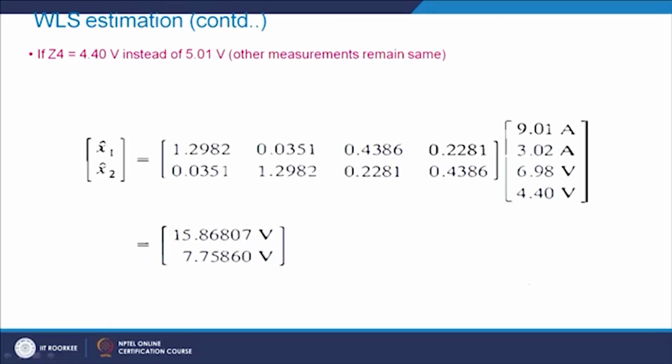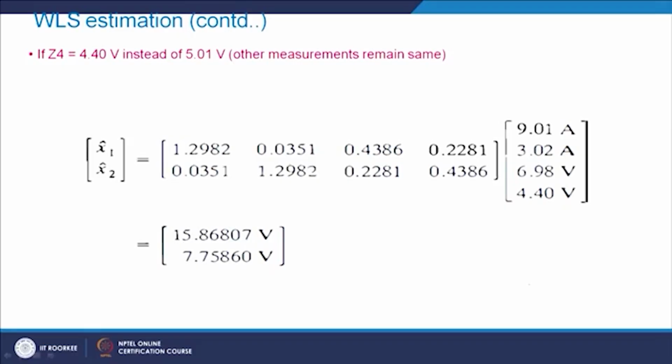Suppose for Z4, that is VB, we get 4.4 instead of 5.01. Let us say something happens to this meter, so it is now giving me a reading of 4.4.